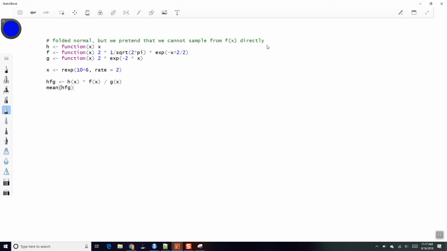Let me do kind of just a brief comparison between. There's certain concepts that are similar between rejection sampling and importance sampling.